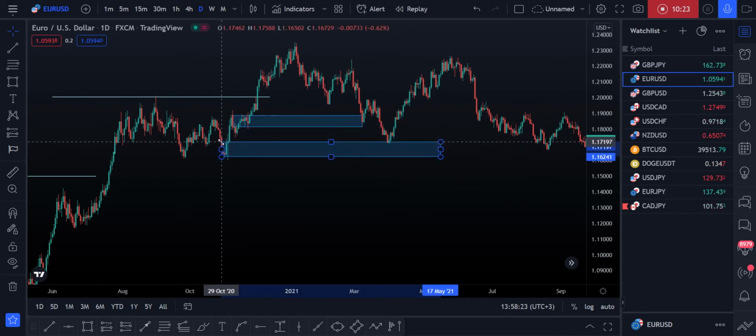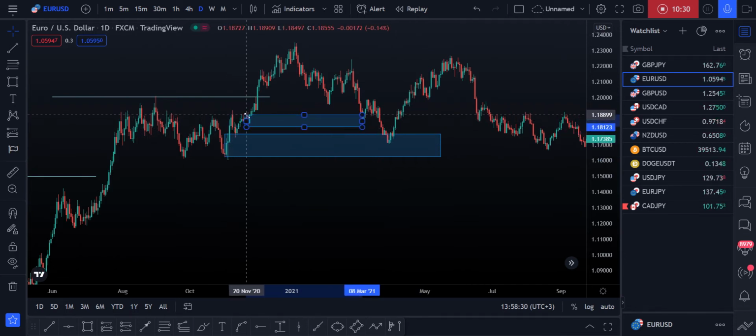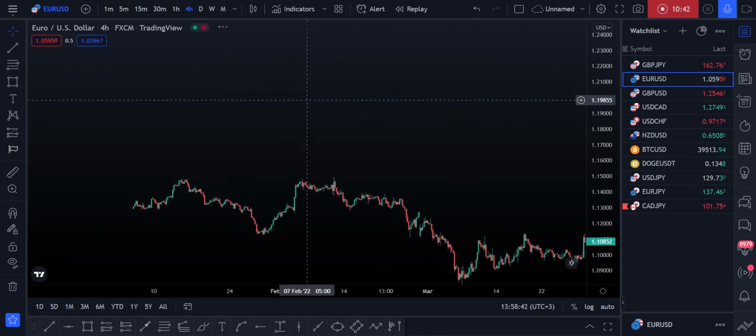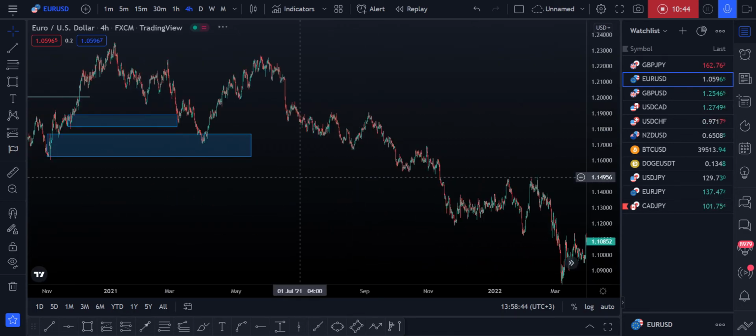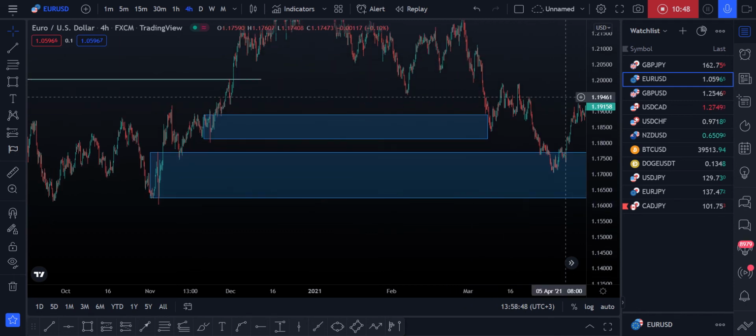So we can see that the first break of structure, we have this demand zone, and the zone responsible for the break of structure was right over here. So we had a break of structure there, and we map out that zone. And in this area, we had this as a break of structure. So we can go to the 4 hour and still refine those to have a much more refined zone.